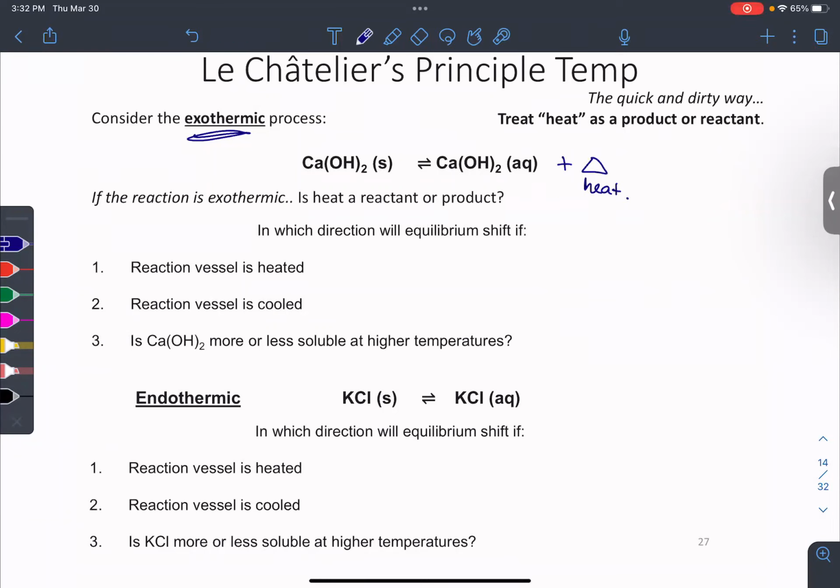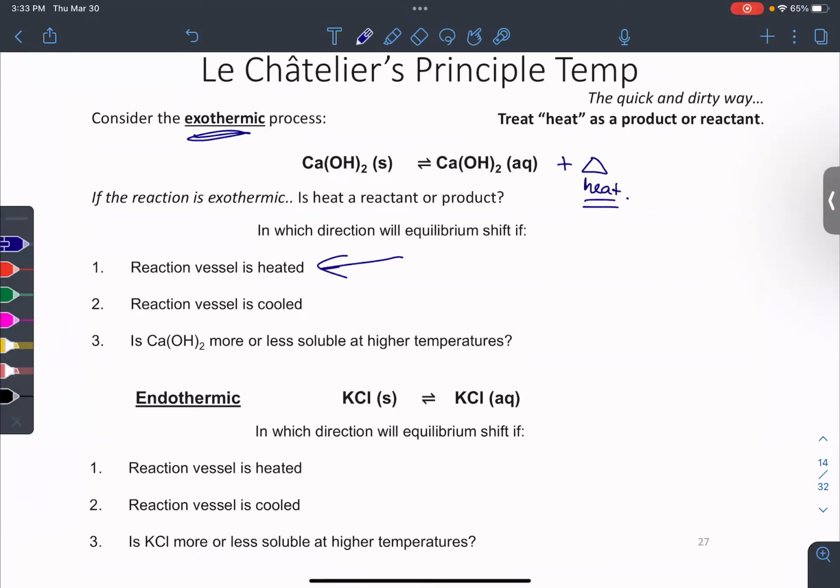Just treat triangle as a product or a reactant. So if I heat the vessel, I'm adding triangle to the reaction. Triangle is a product. So which way does the reaction shift? Just treat it like any old product or reactant like we did in the previous examples. The reaction shifts to the reactant side. Good? So what if we cool the reaction?